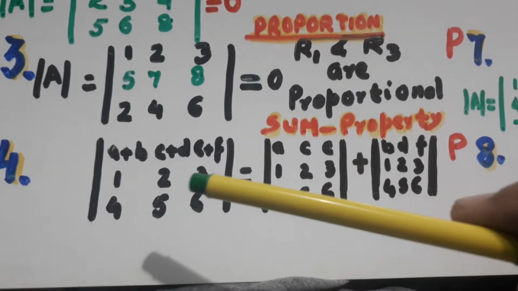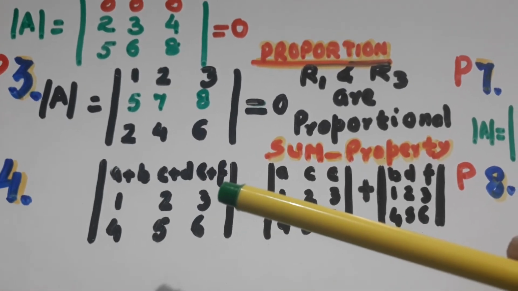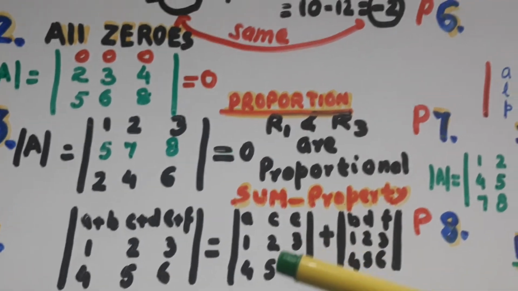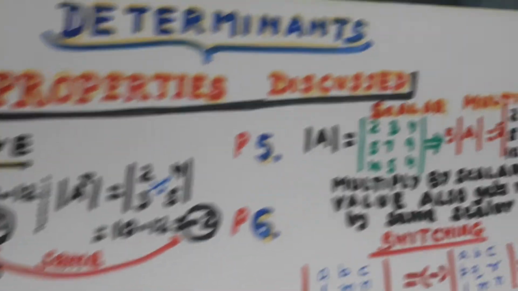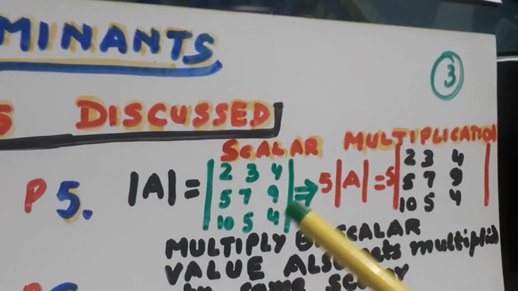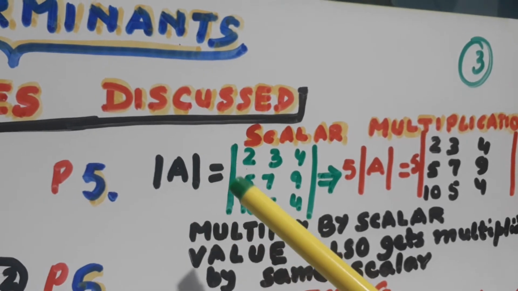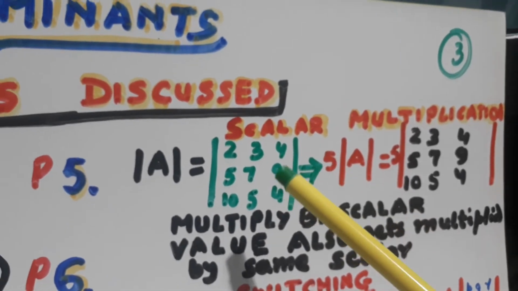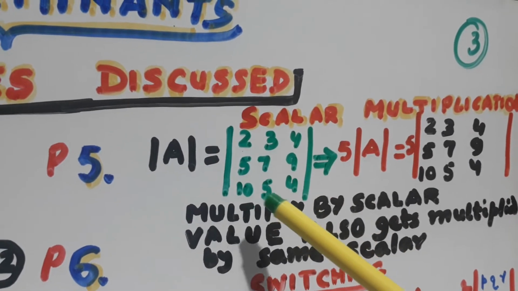So, if the elements of any row or column are in the shape of a sum, then it can be expressed as the sum of two determinants. This property is known as sum property. Now let us go to property number 5, scalar multiplication. If you multiply any determinant with a scalar quantity, so here this is the determinant 2, 3, 4, 5, 7, 9, 10, 5, 4.